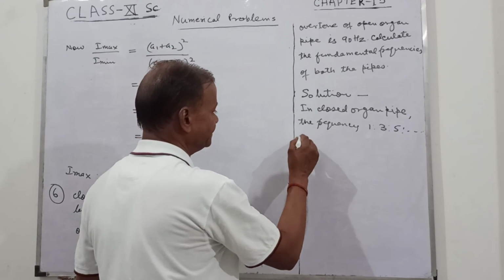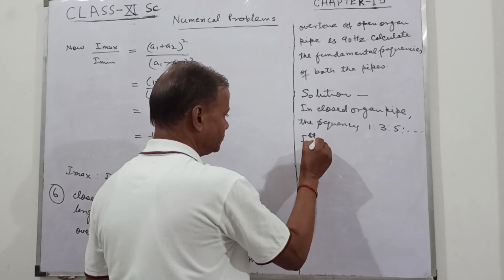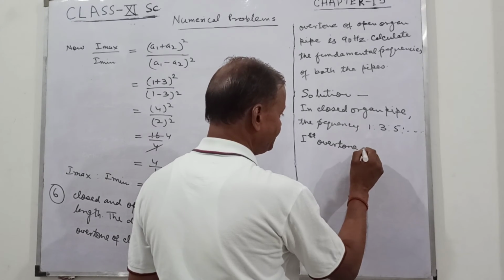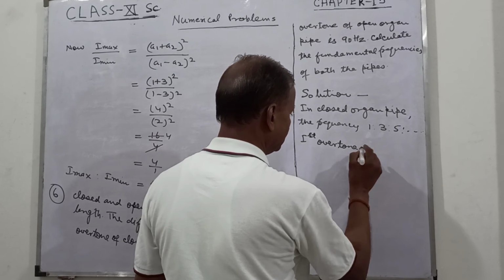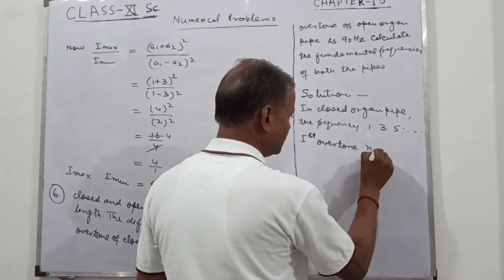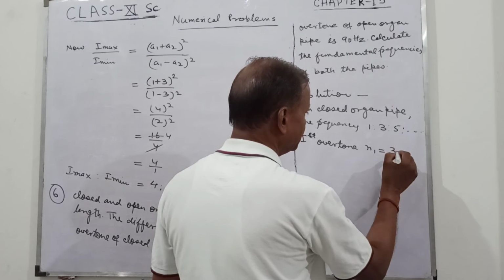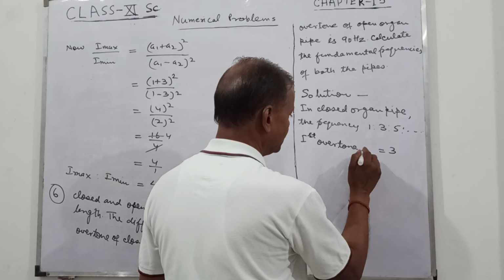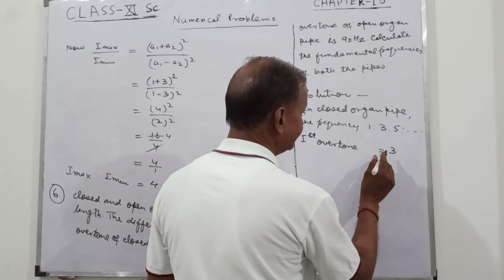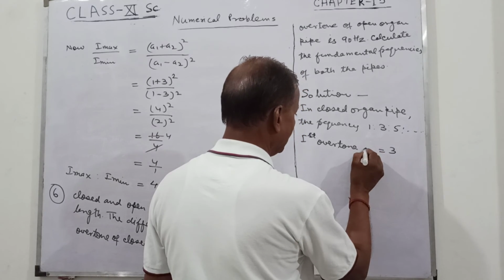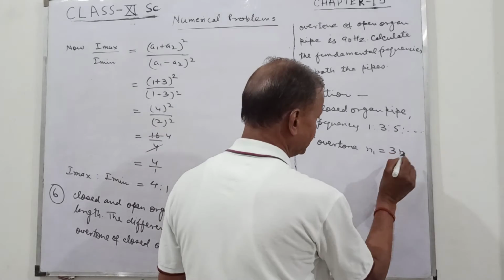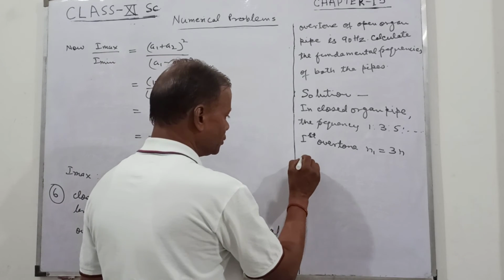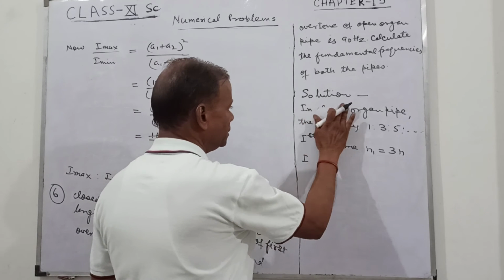So first overtone N1 equal to 3N. Suppose the frequencies are N, 3N, 5N and so on, in a closed pipe.